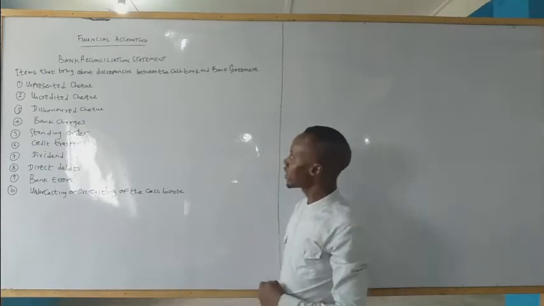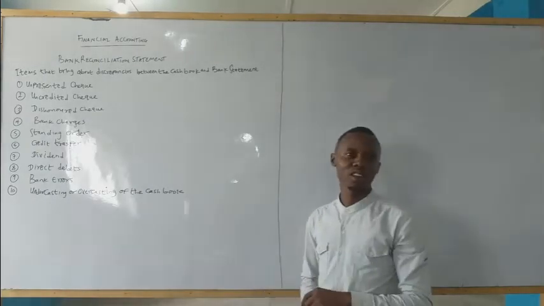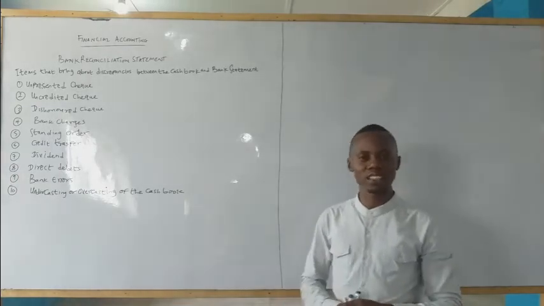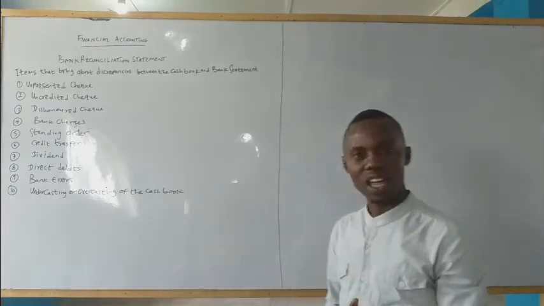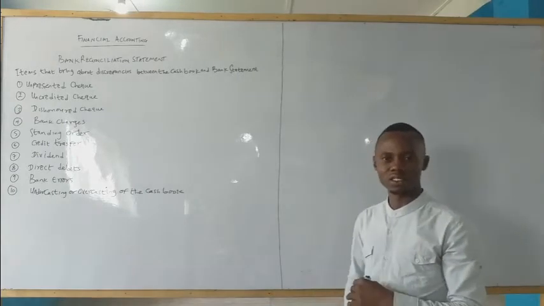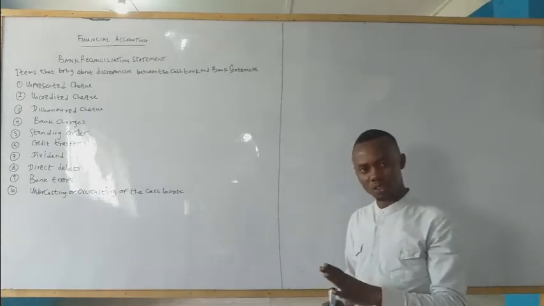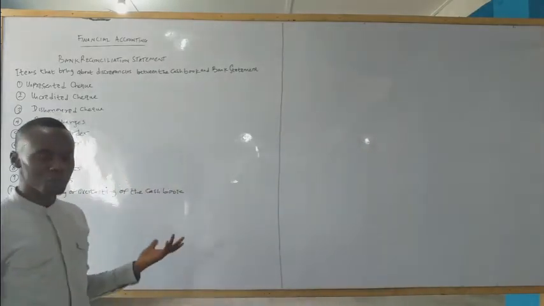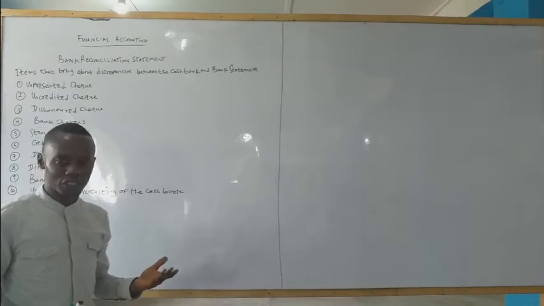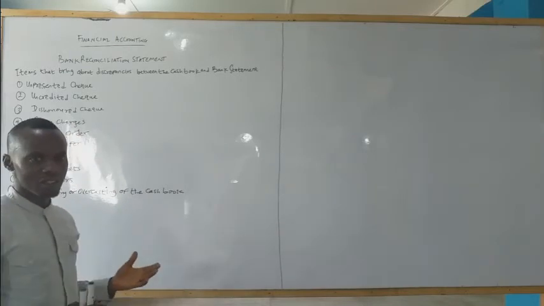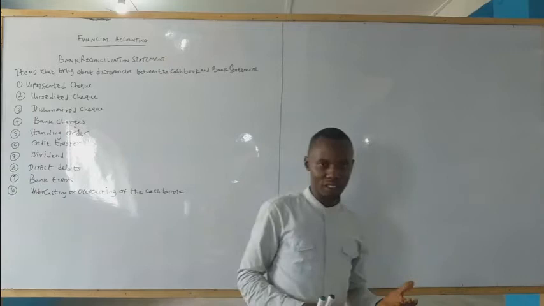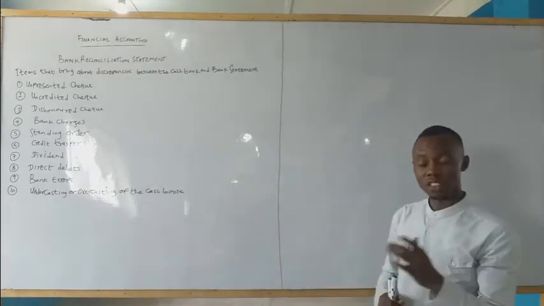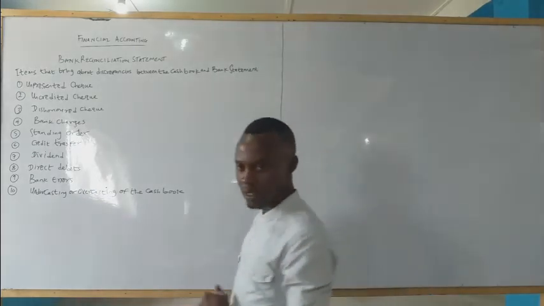So what is bank reconciliation statement? It is telling us how we can reconcile the differences between the cash book and our bank statement, that is, the bank column of the cash book and our bank statement. What differences? Sometimes there are entries by the bookkeeper or the bank that may cause differences between the cash book and the bank statement.